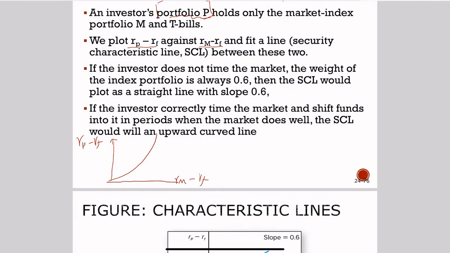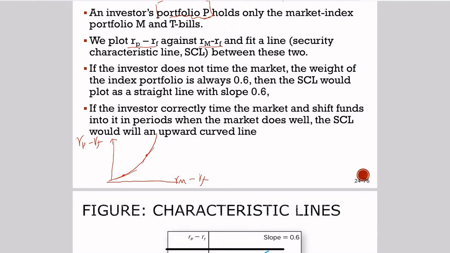Well, the reason is because at this point, we have a smaller slope. This means the manager is only allocating a smaller amount of money into this market portfolio. At this point, we have a larger slope. So this means the manager is allocating a larger fraction of money into the market.